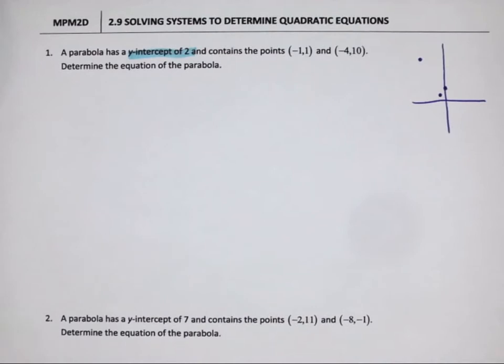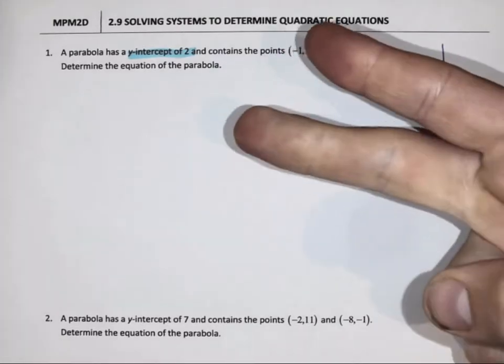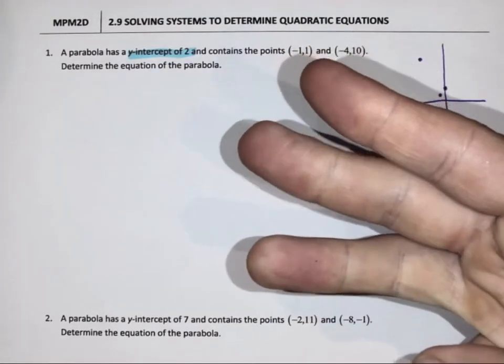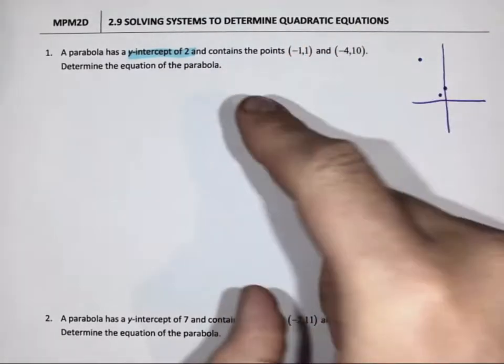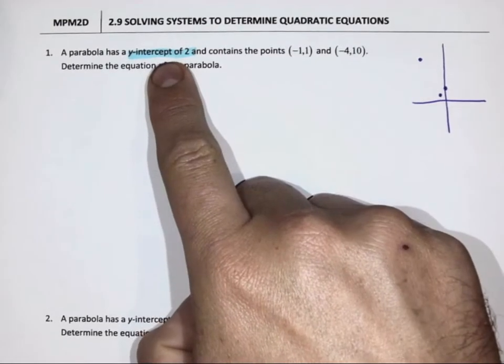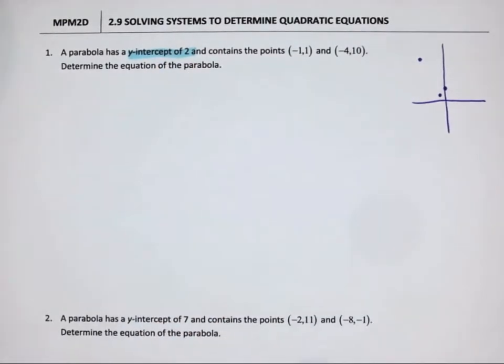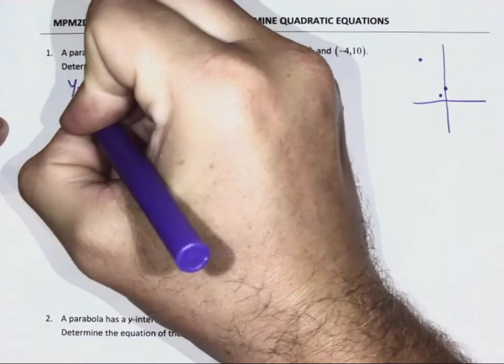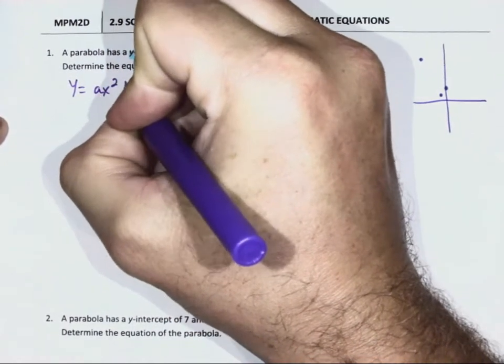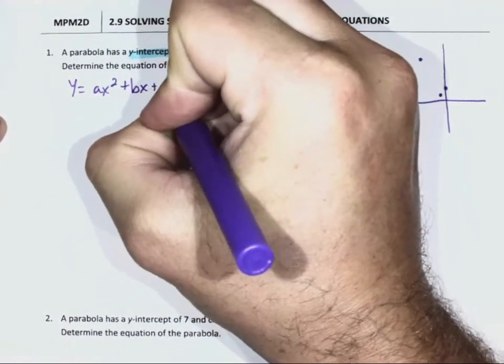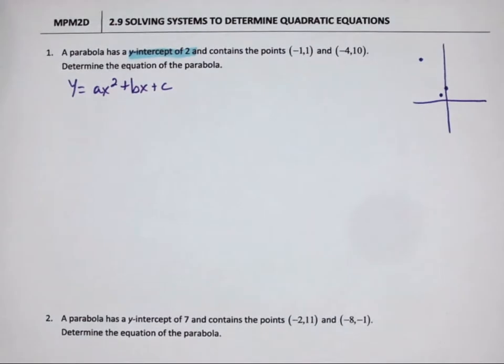If we go back and think about our three different forms for quadratics, we have standard form, factored form, and vertex form. And we're going to use whichever one gives us the y-intercept. And that's standard form.